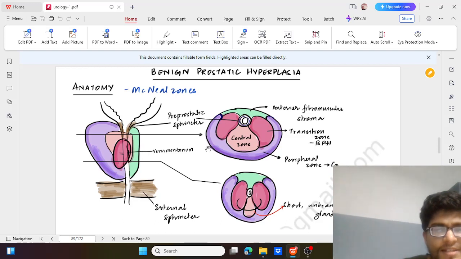The prostate has various zones: the peripheral zone, then the transition zone and the central zone, and anteriorly is the anterior fibromuscular stroma. The peripheral zone is known to give rise to cancer. The transitional zone is known to cause hyperplasia, that is benign prostatic hyperplasia.